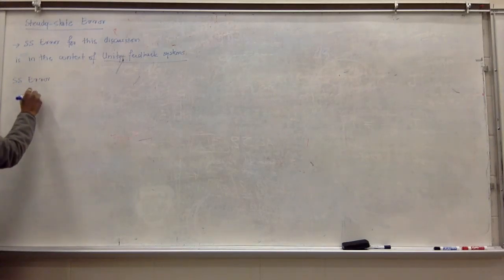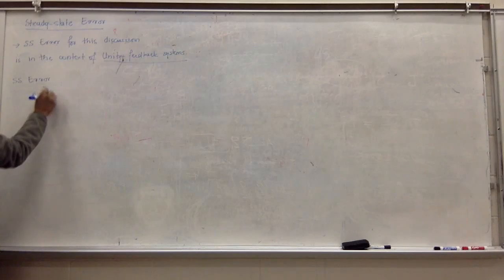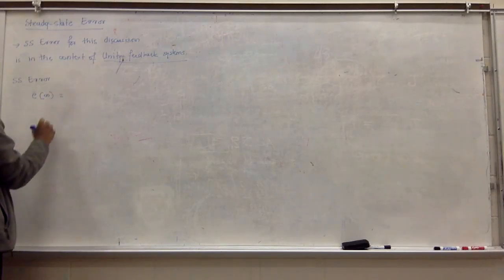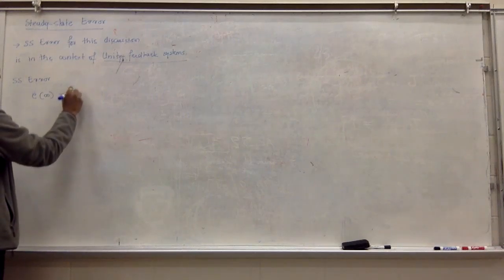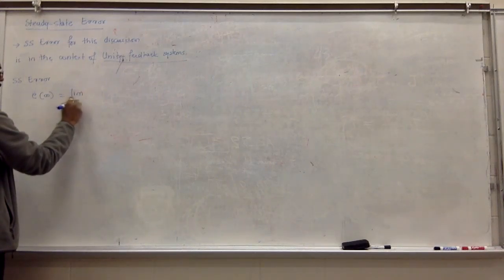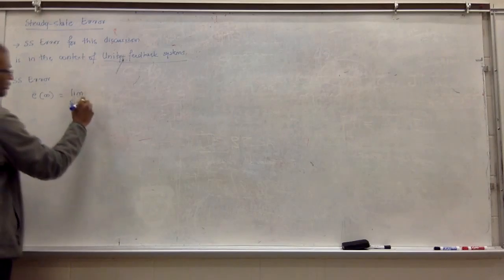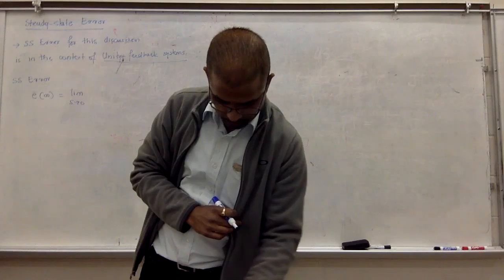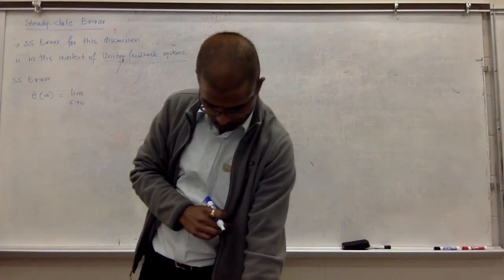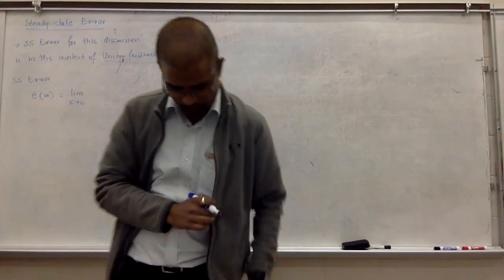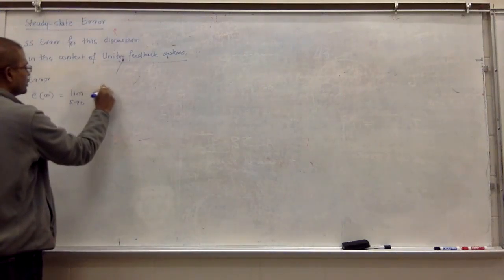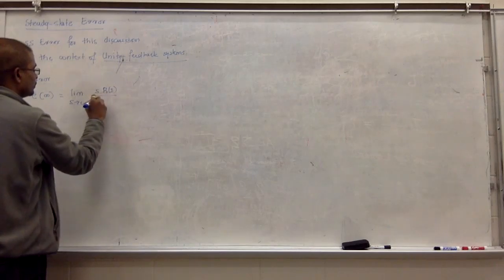We use E of infinity to denote the steady state error, which is equal to the limit as s tends to 0 of s R(s) divided by 1 plus G.